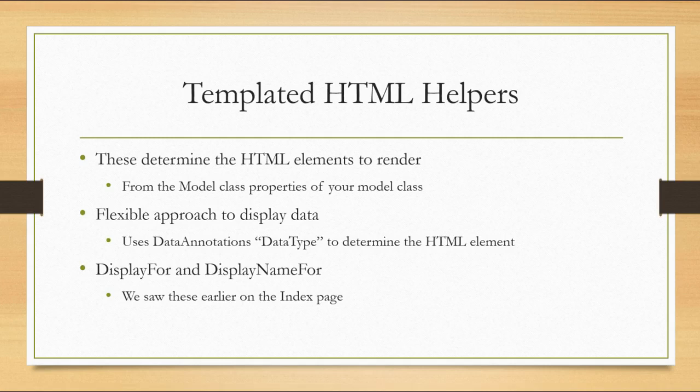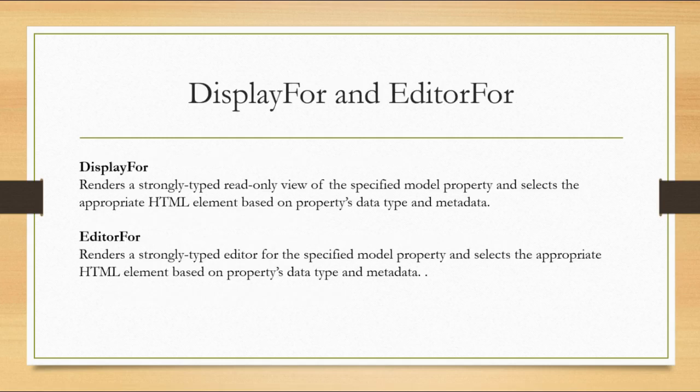So we have two we'll look at, display for and display name for. Actually, we saw these earlier on the index page, if you remember. We'll look at them again in a few minutes here. So display for, actually it's display for, editor for.